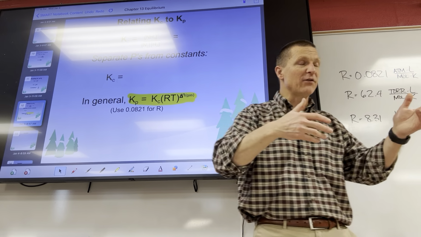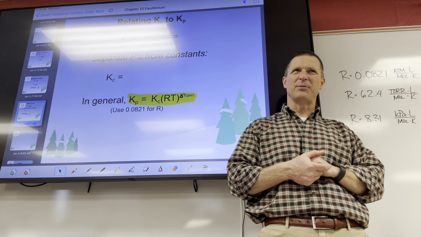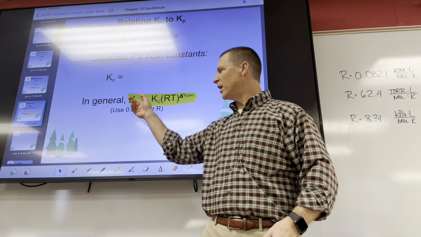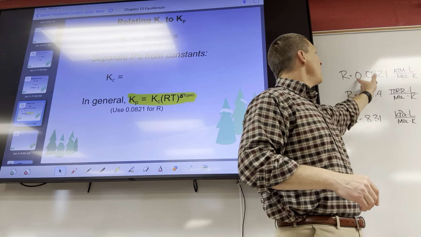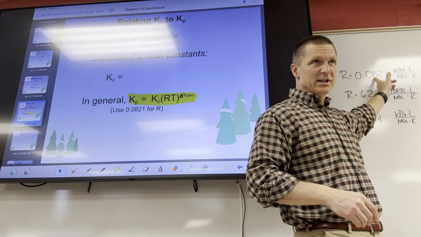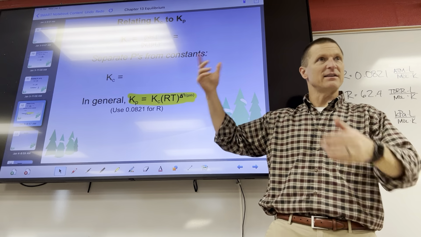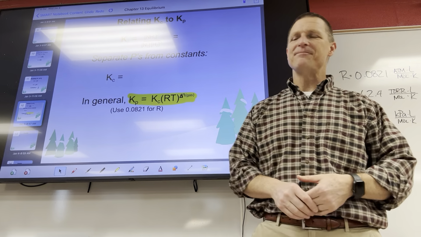And you'll see whenever we have a Kp problem here in chapter 13, it will always give you atmospheres as the pressure unit. I don't think they're going to give you kilopascals or torr. They'll give you atmospheres because it's the ratio of atmospheres, products over reactants. The R value that corresponds with atmospheres is 0.0821. So you must use that R value when you're using this, because that derivation came from the ideal gas law. So I just want to remind you of that.